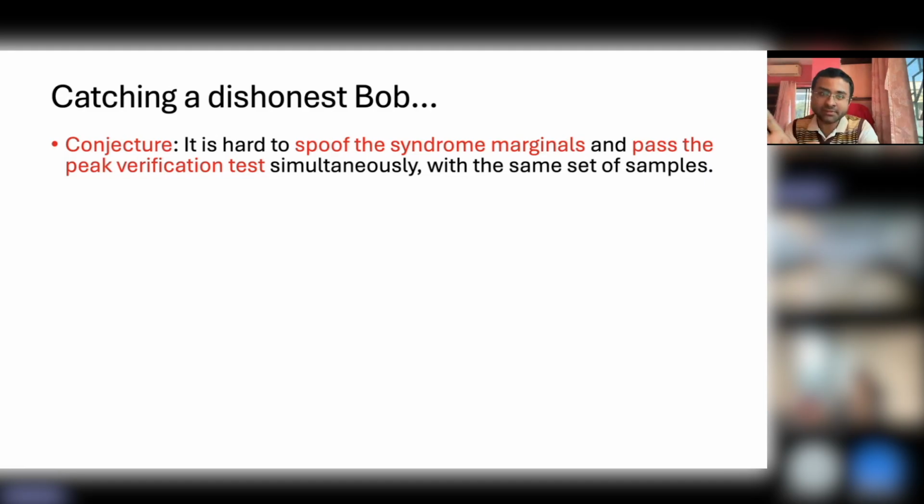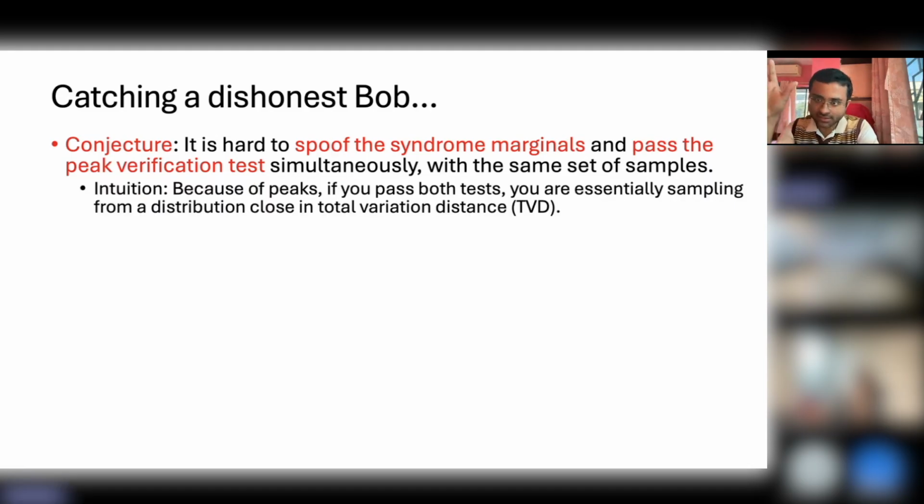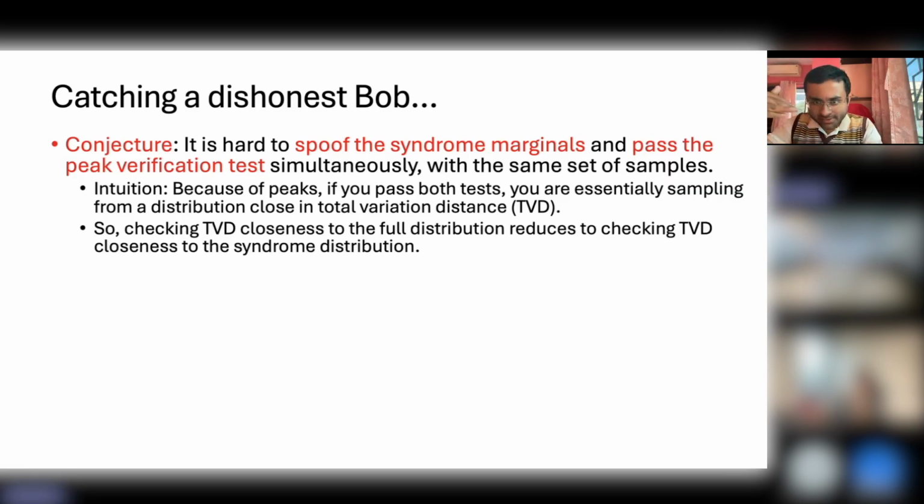If we somehow verify the syndrome marginals and we also verify the peaks, that should suffice to certify that Bob is honest. So you somehow need to check the total variation distance closeness to the syndrome distribution. We need to ensure that Bob is sampling from the right syndrome distribution.